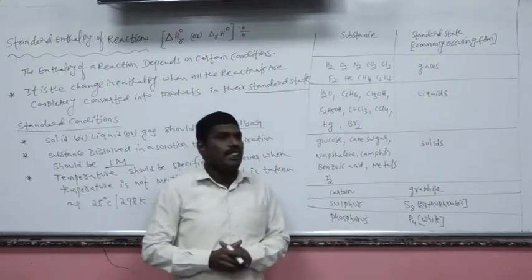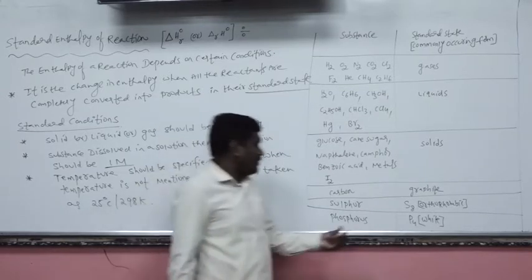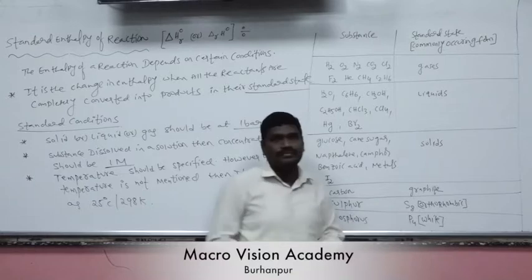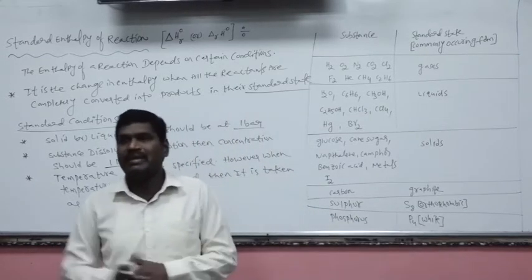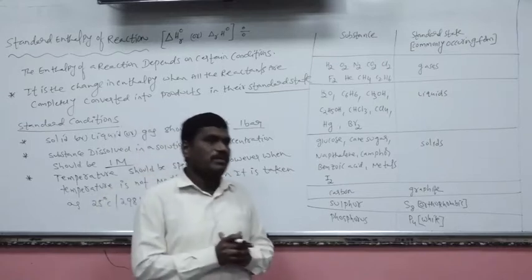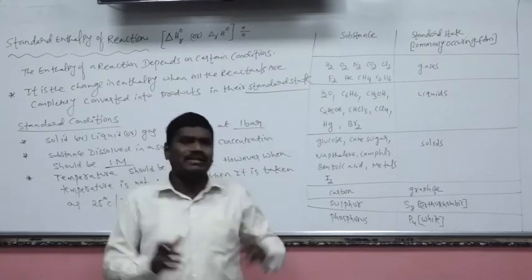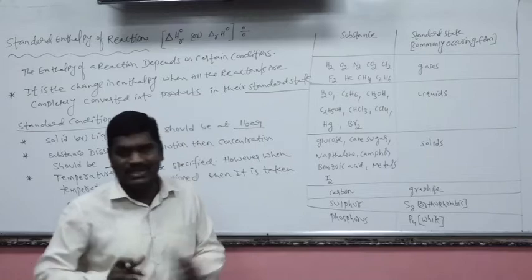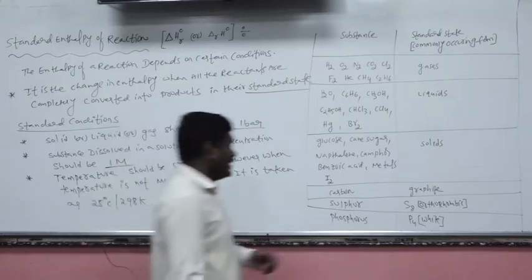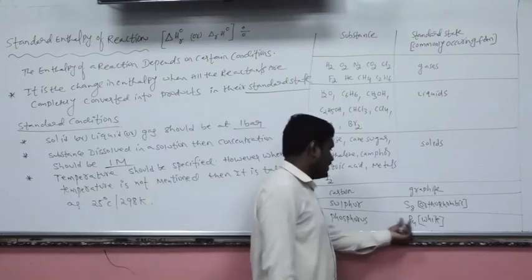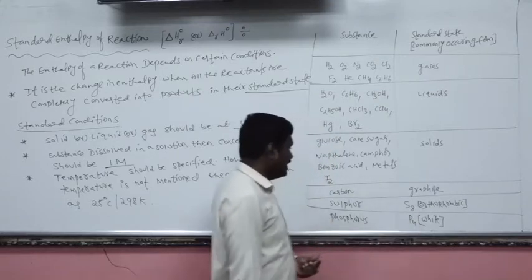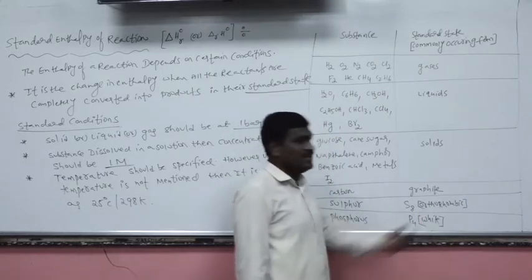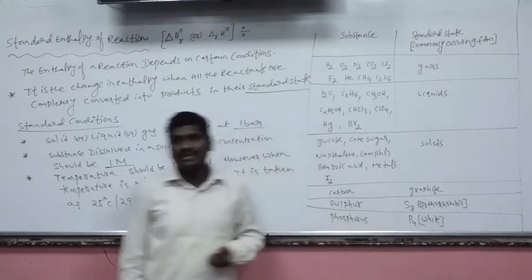Now remember, here P4 form, but the P4 form may be monomeric or polymeric form. Some phosphorus allotropes exist in monomeric form and some exist in the polymeric form. So here white phosphorus is a monomeric form which is taken as P4, isn't it? This is the white phosphorus which is commonly occurring, isn't it?